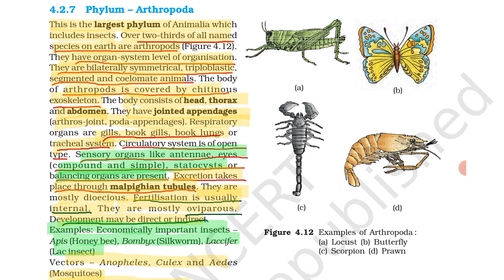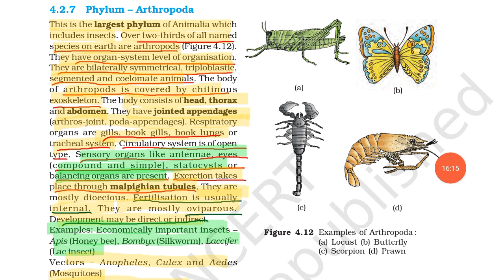So let's look at the diagram and remember examples of Arthropoda. First one they are showing is a locust, second is butterfly, third is scorpion, and last is prawn. So let's see their body from the dorsal side. It is covered by chitinous exoskeleton.